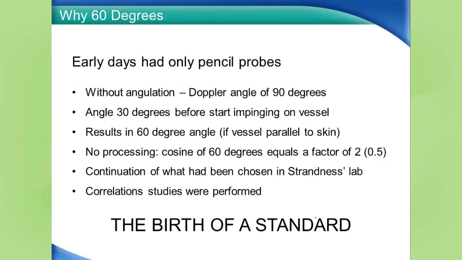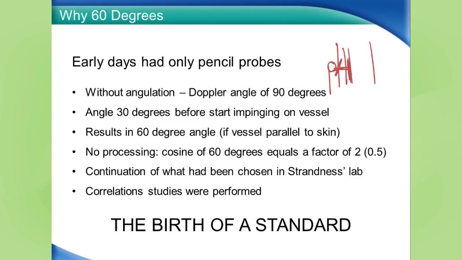Then the early days of vascular ultrasound started using pencil probes. Well, with pencil probes, without angulation, here's the problem. Here's a neck, here's a carotid. If you put a pencil probe on there looking into the neck, that gives you a 90-degree angle, which gives you no Doppler shift. So that clearly doesn't work.